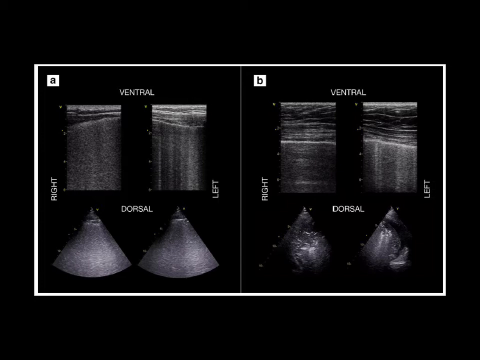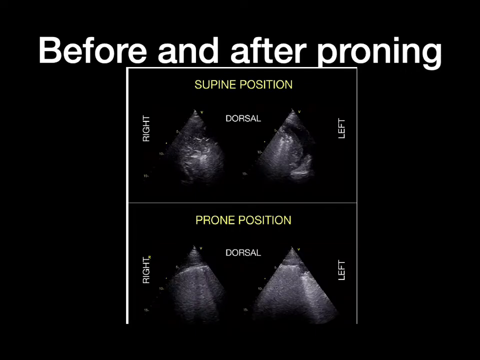Picture A demonstrates quite a few B-lines coming off, and in the dorsal parts, confluent B-lines. In patient B, again in the ventral area, you find quite a few B-lines. However, in the dorsal part, you see some larger areas of consolidation, and we'll get back to this in our case presentations as well.